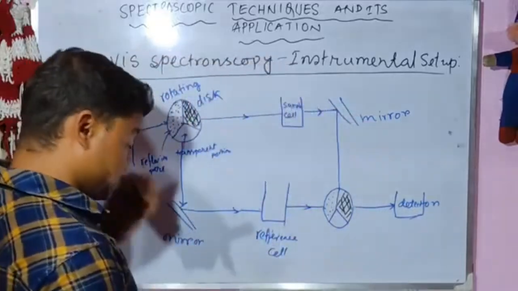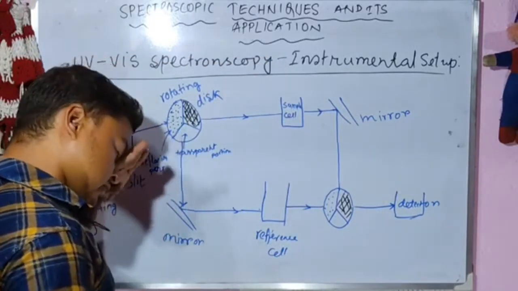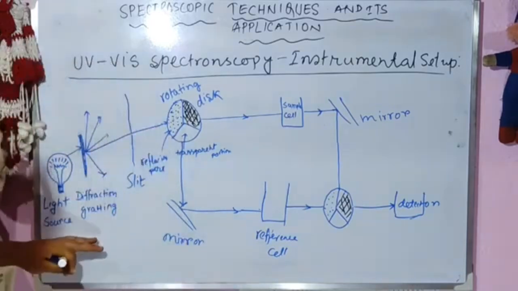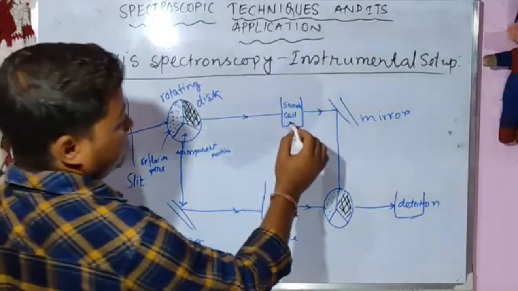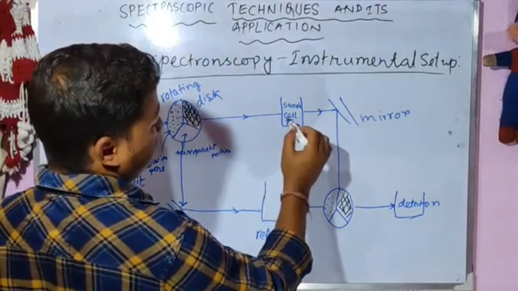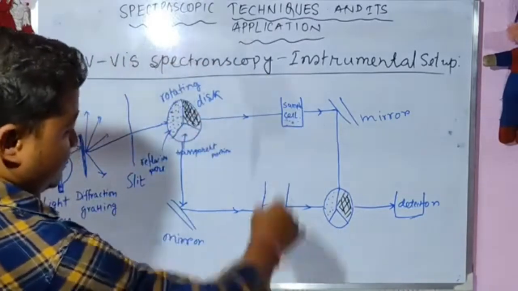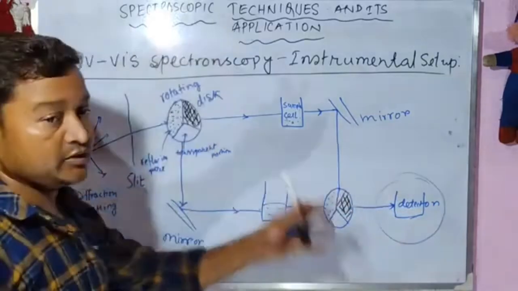So this is the diagram of the UV visible instrument. The sample is placed in the sample cell and reference solution in the reference cell, light passes through them, and here we get the molecular lambda max.